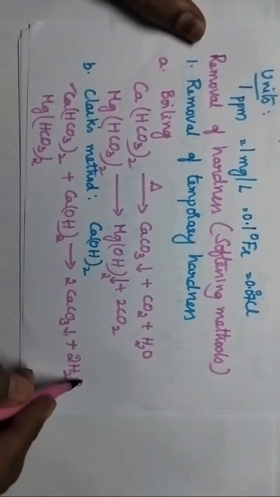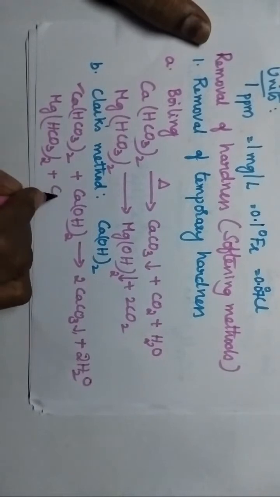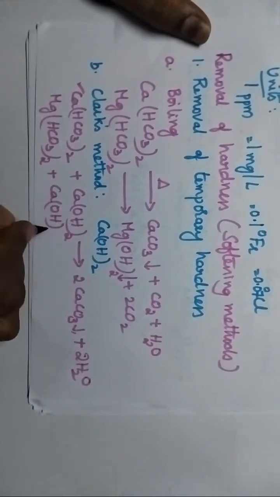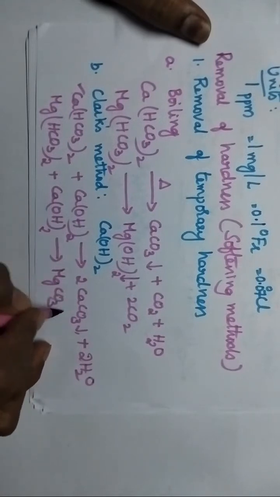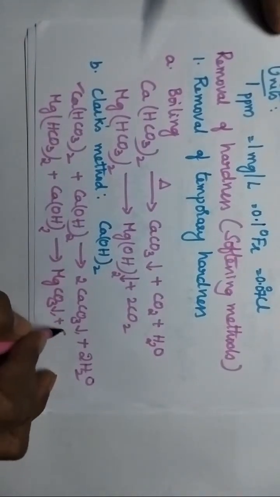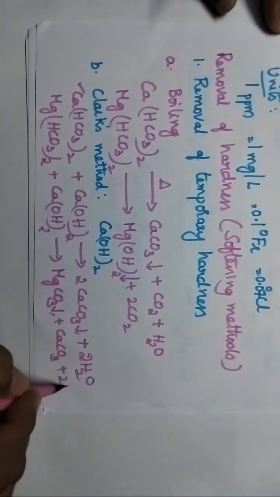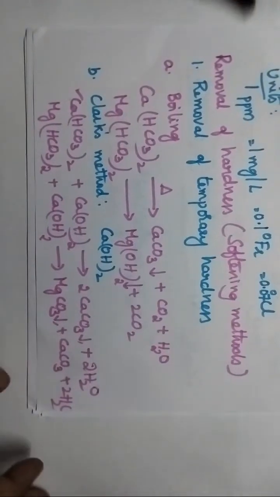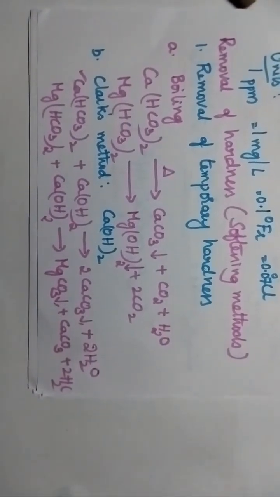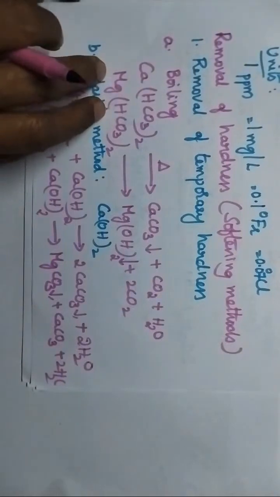And coming to the magnesium bicarbonate, here magnesium bicarbonate reacts with slaked lime and that results in the formation of magnesium carbonate plus calcium carbonate plus water. So in that way, all the salts that are responsible for the temporary hardness can be precipitated out from the water. Clear?